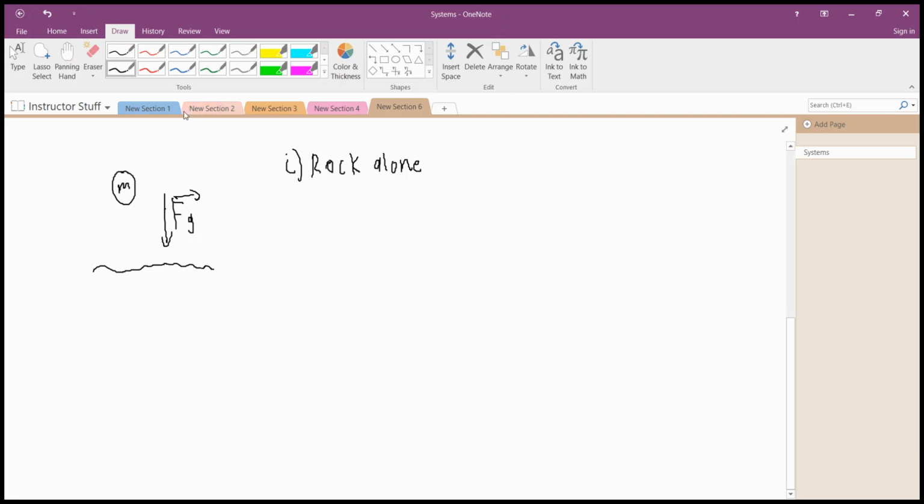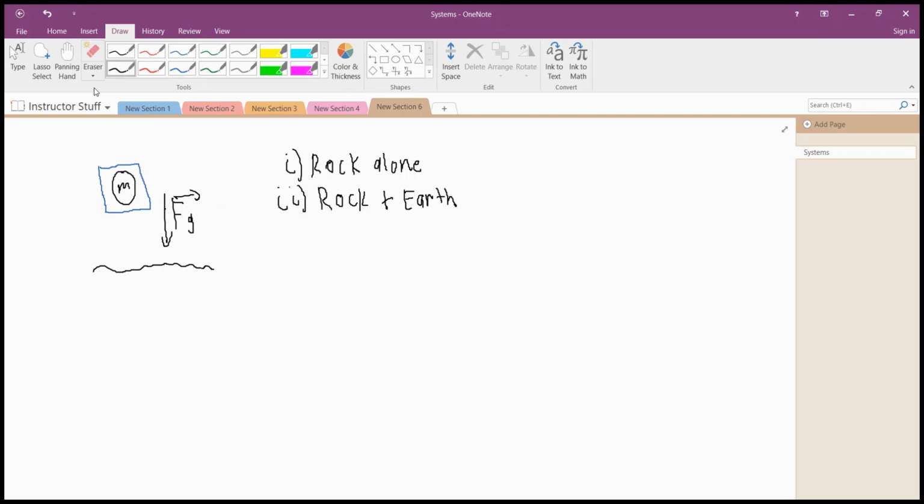We can draw a box around it, and then anything outside that blue box is outside the system. This means in this system, the Earth is outside the system. The Earth exerts a gravitational force on the rock, and therefore the gravitational force of the Earth on the rock is also outside the system. It is an external force.